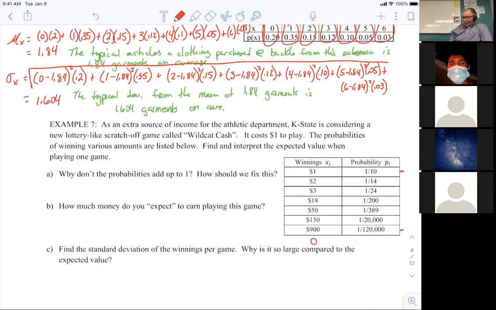Okay, there is a chance that we're not going to win anything. So we need that outcome of winning $0.